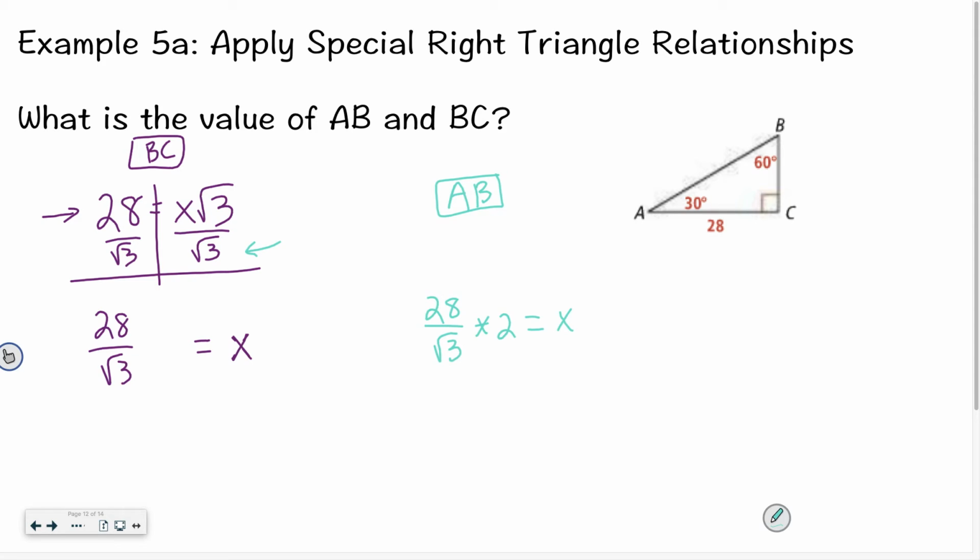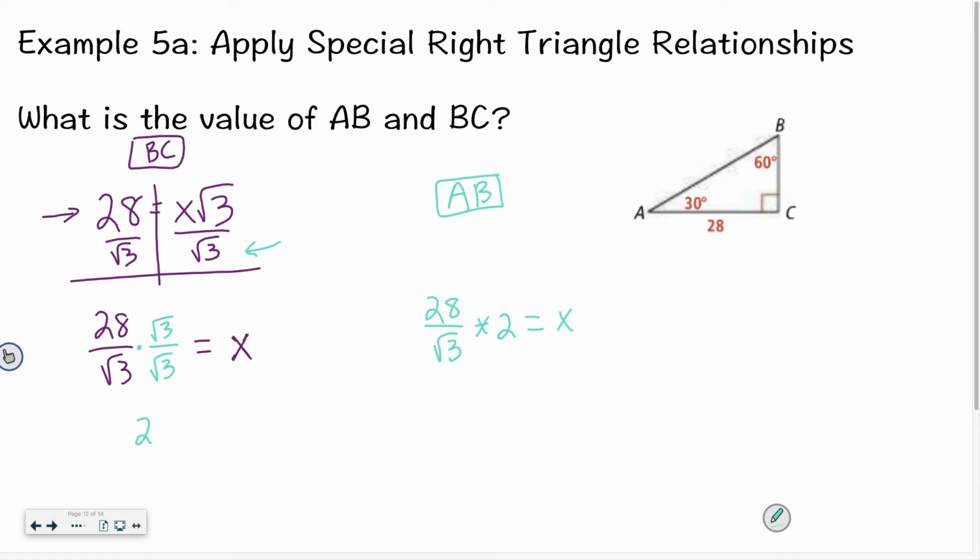I need to refresh your brains on how to simplify that even further, because we don't like having square roots in the denominator. So the way that you get rid of that, we learned this last year, is you multiply by whatever is in the square root on the top and bottom.